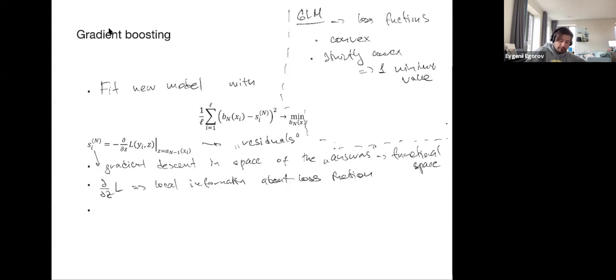Otherwise we will have problems here. It will not be clear why we need to match this, and also the residual could have a non-zero value at the optimal place and so on. This is our requirement for the loss functions that we use, but it's not really restrictive because other loss functions are not interesting for us.